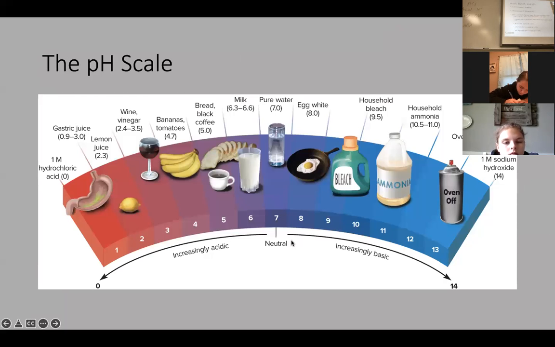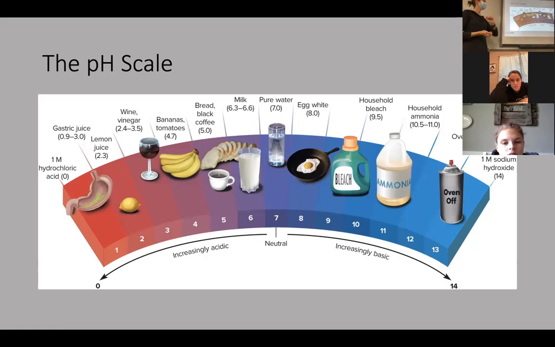Okay, and here's the pH scale just for a visual if it's helpful. 7 is neutral, pure water is totally neutral. Everything over here is acidic, everything over there is basic. So it goes from 0 to 14. Our stomach acids are very acidic, the juices in our stomach. So very, very low on the pH scale. That's what helps digest and break down a lot of the food that we eat.